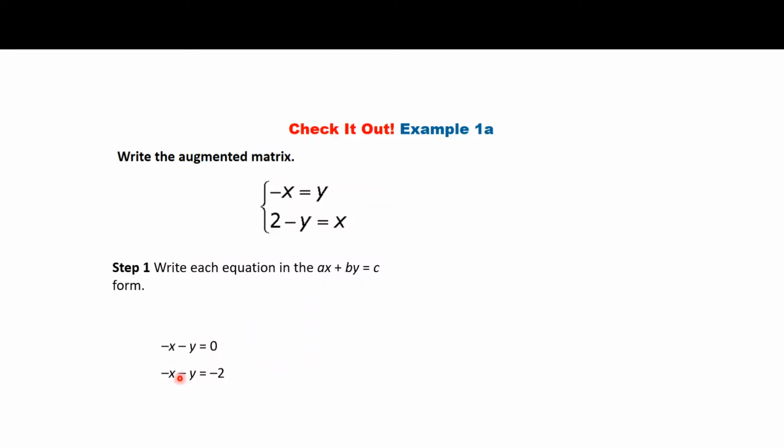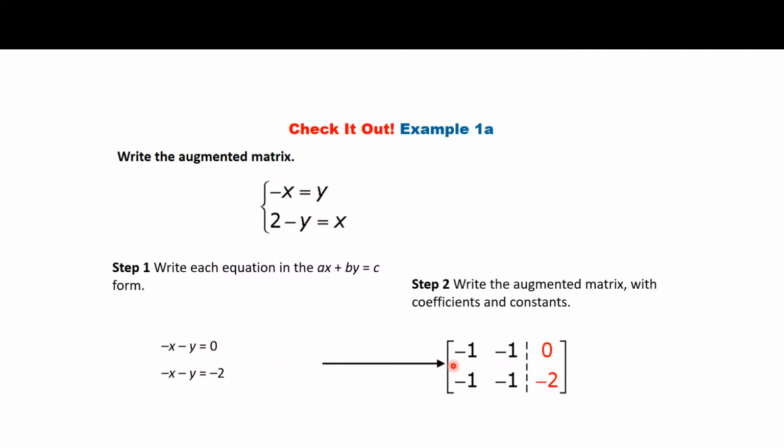So here we have negative x minus y equals 0, and negative x minus y equals -2. To write the augmented matrix, we first put in the coefficients and then the constants. Our coefficients are -1, -1, and then -1, -1 on the bottom, and our constants are 0 and -2.